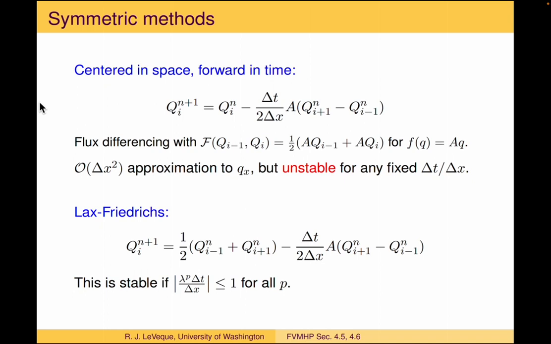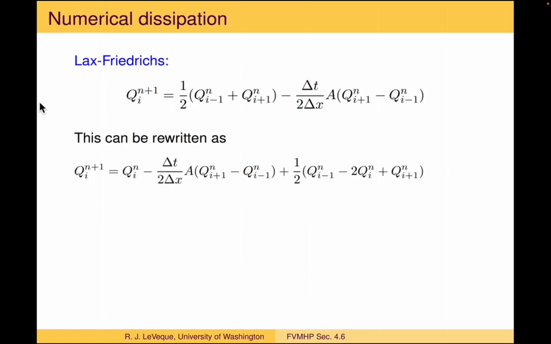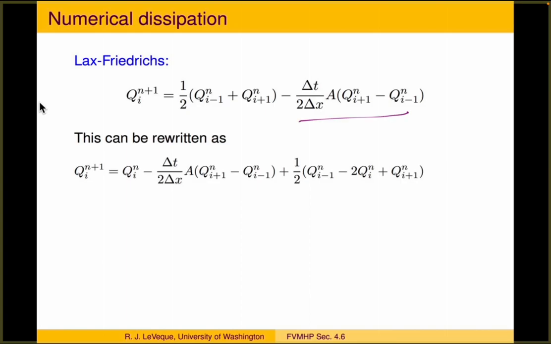We're still doing a first-order updating in time, even though we have a second-order approximation to the spatial derivative. And you can also look at it in the following way. If we just rewrite this term a little bit and combine it with this term, you can pull out a qin and have a centered difference of aqx.